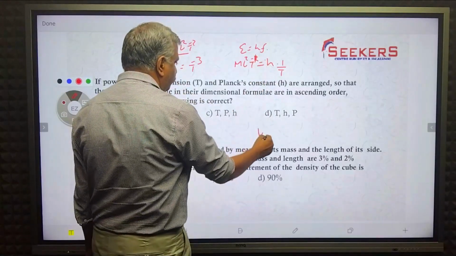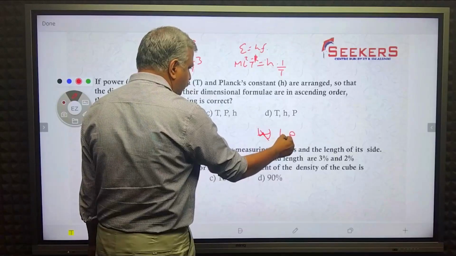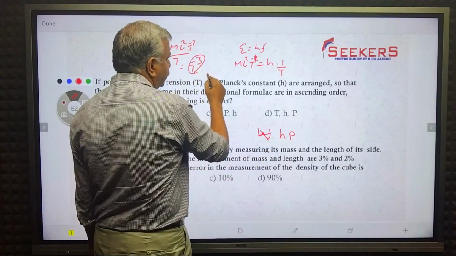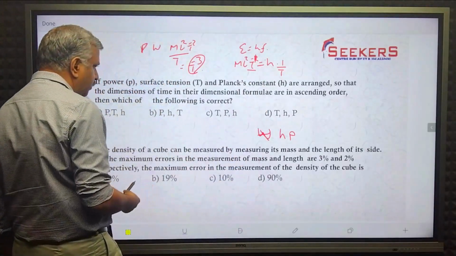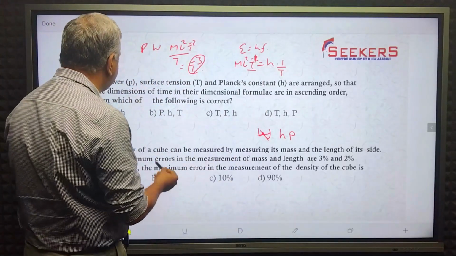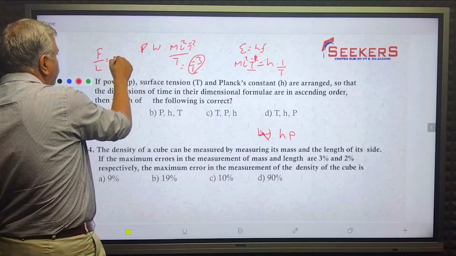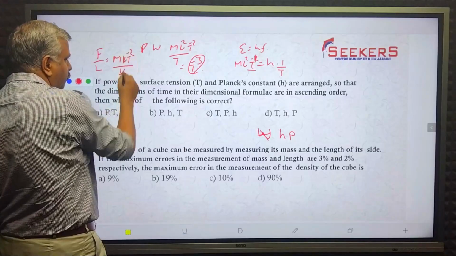So power must be at the end, and before power you should have Planck's constant, because this is T power minus 3 and this is T power minus 1. So let us see where it is. Then again surface tension is force per unit length. So that will become M L T power minus 2 by L. So it is T power minus 2.